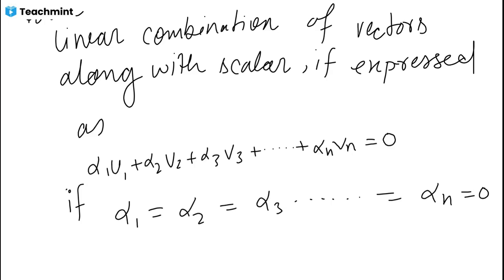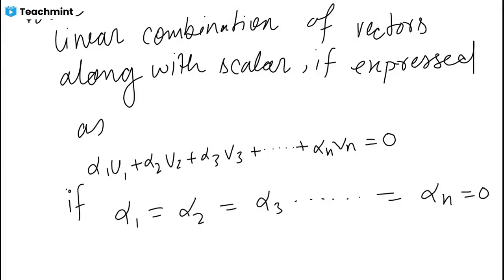If the linear combination of these scalars and vectors is equal to 0 while all of these scalars are equal to 0, then we can say vectors are linearly independent.